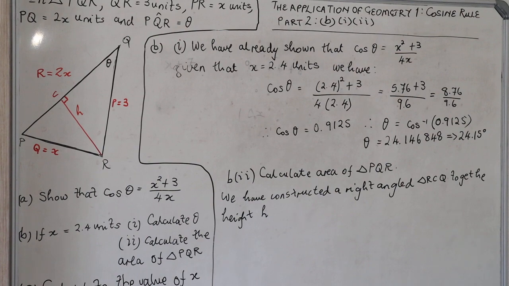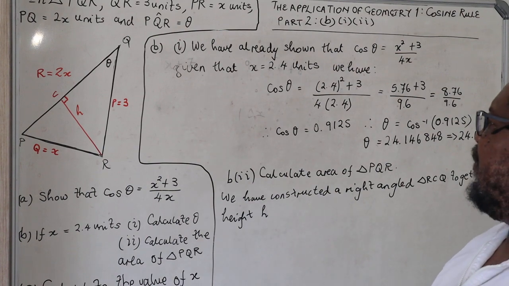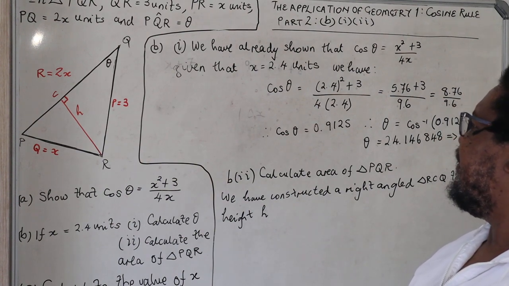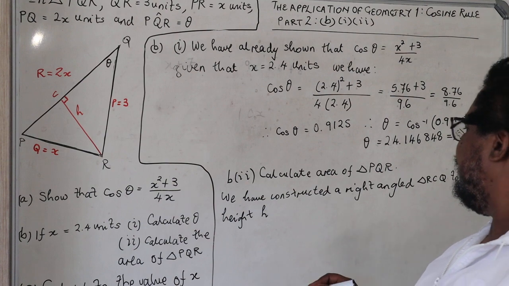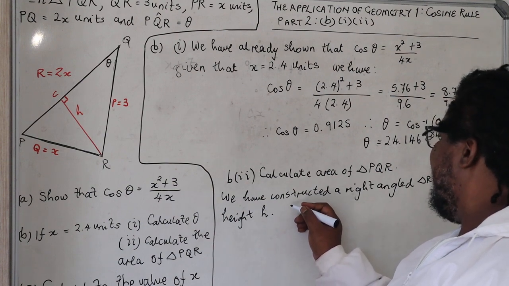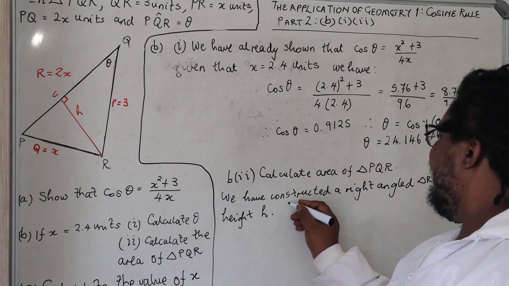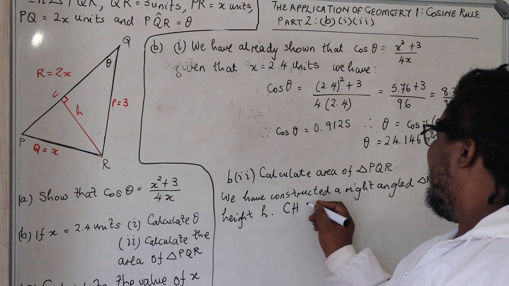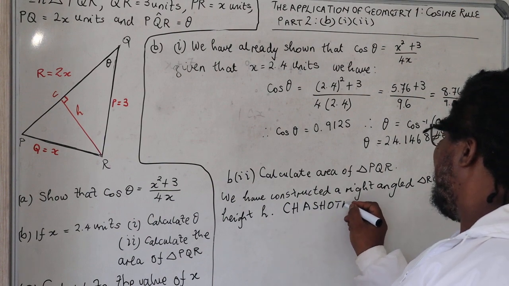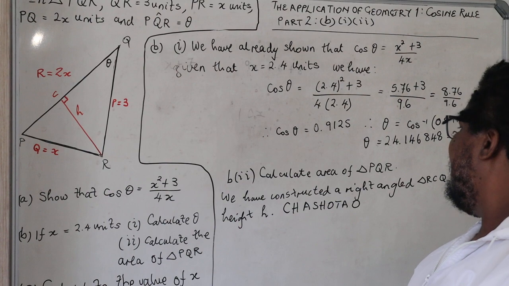So to get the real value of H, we use the trigonometric ratios. We can use the mnemonic SOH CAH TOA.